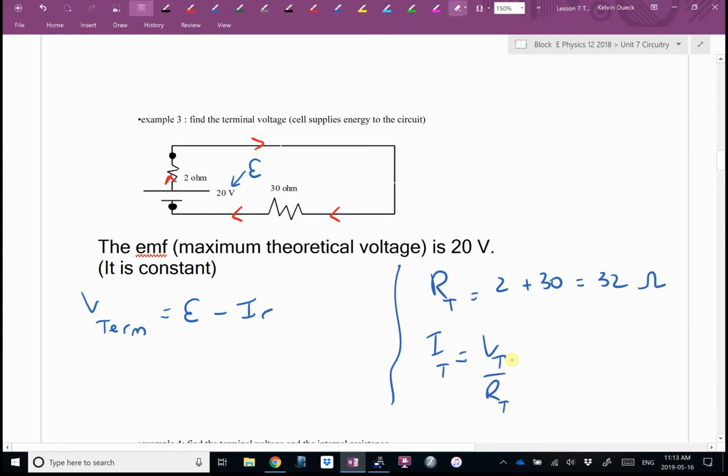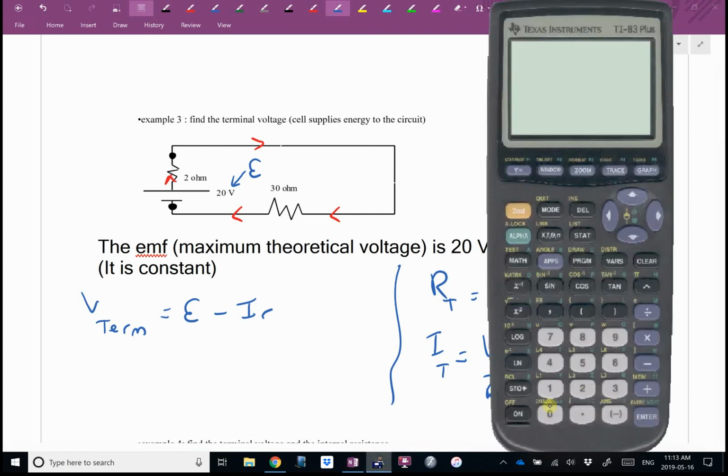Be careful, this T stands for total. I never abbreviate terminal voltage with just a T because that's total voltage. I write the word term. This is not going to be the total voltage. This is going to be the net voltage that we're actually getting. It's going to be 20 divided by 32. How many amps are flowing through this circuit? 0.625?